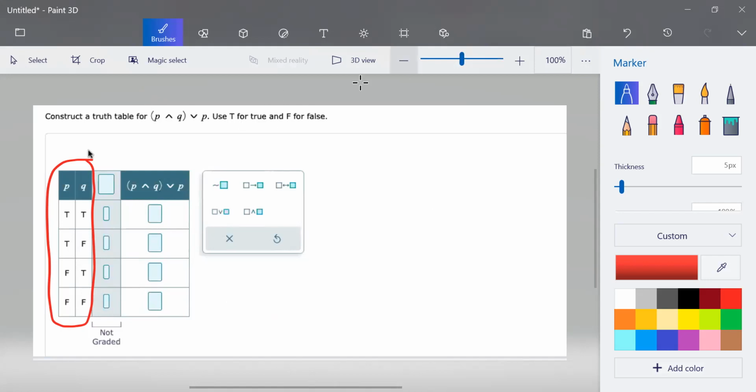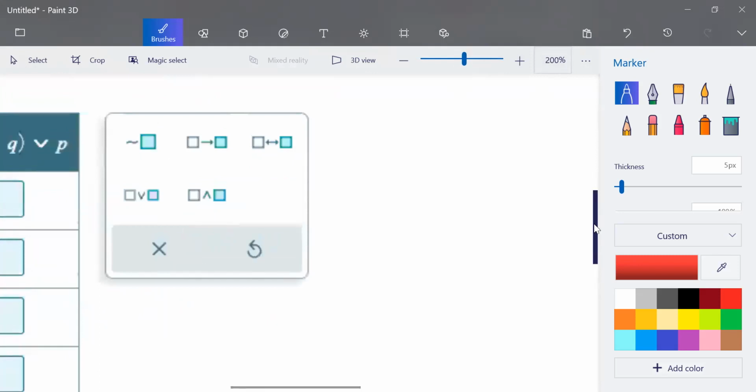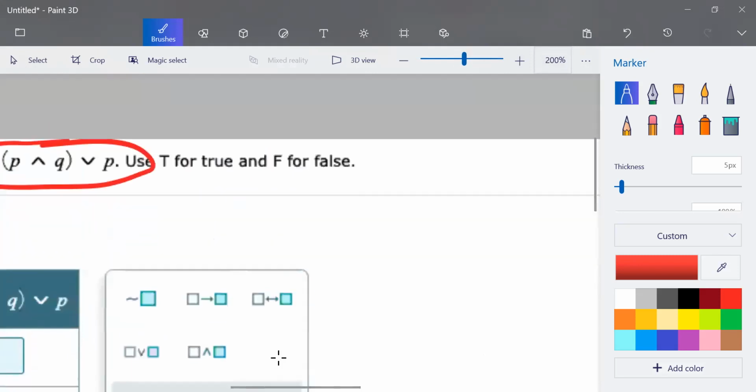But to construct a truth table, the first thing you have to do is put your connectives in order. So if you look up here, then you use the hierarchy to determine who's first and who's second. Now this one kind of takes care of itself because of the parentheses.